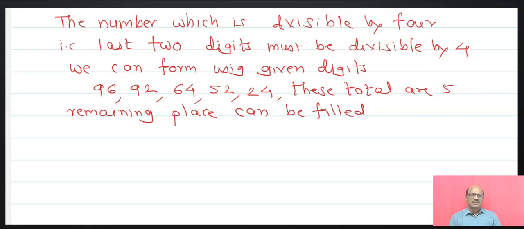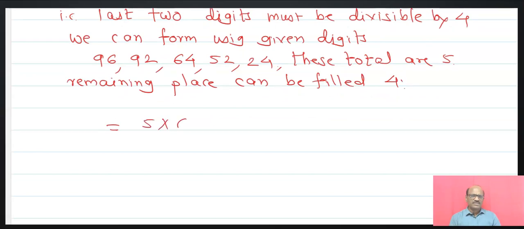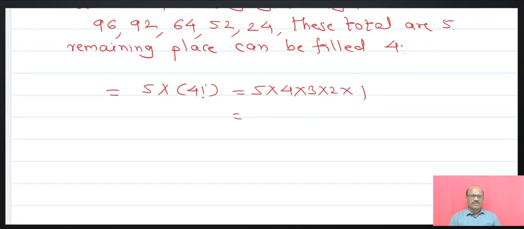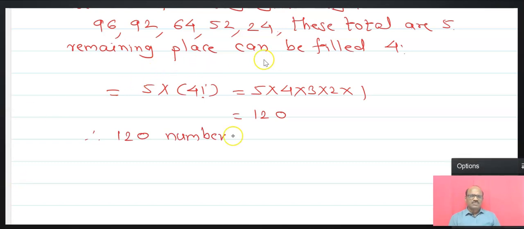Now the 5 remaining places can be filled by 4 factorial. That is 5 into 4 factorial. Now here see this. These total numbers are 5, that's why it's a 5. We want to find the 6-digit number, and the remaining 4 digits we can form in 4 factorial.